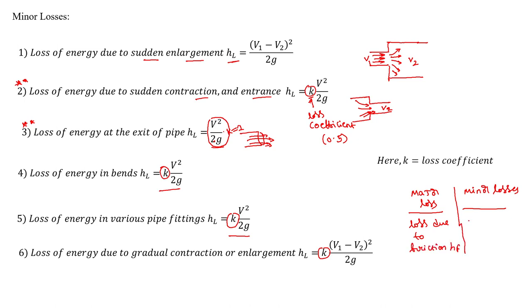And under the minor losses: exit, entry, enlargement, contraction, bend, gate valve. All these things will result in a loss of head when the flow is taking place from a higher gradient to a lower gradient, along the gradient.